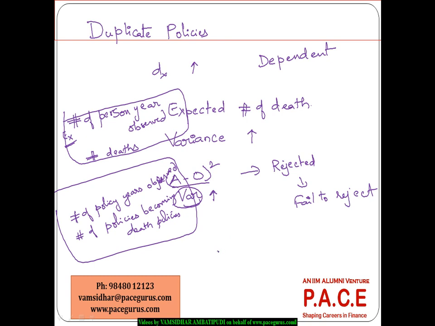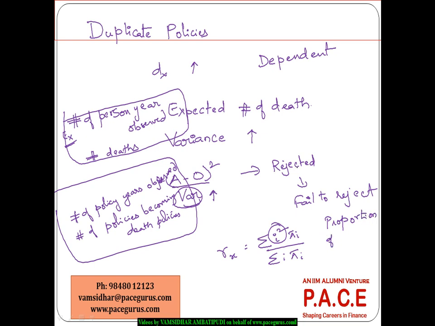Variance in the number of deaths. It is suggested that you bring in a multiplication factor, sigma of i squared times pi i divided by i times pi i, wherein pi i is the proportion of policyholders with i policies.